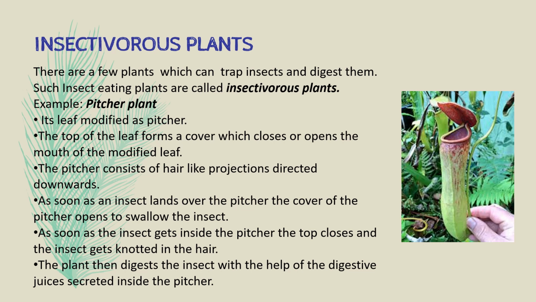And that protein contains nitrogen. That is why these insectivorous plants eat other insects, for getting nitrogen. So it's quite interesting, no? These insectivorous plants. You can watch YouTube videos and there you can see how these kinds of plants trap the insect and digest them. All of you watch any video like that.